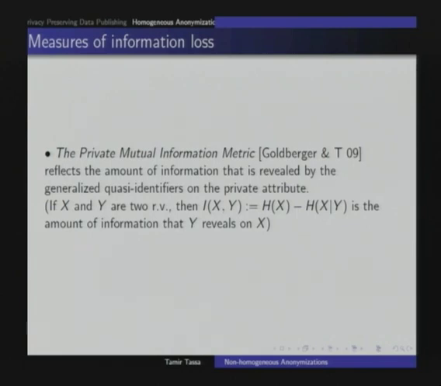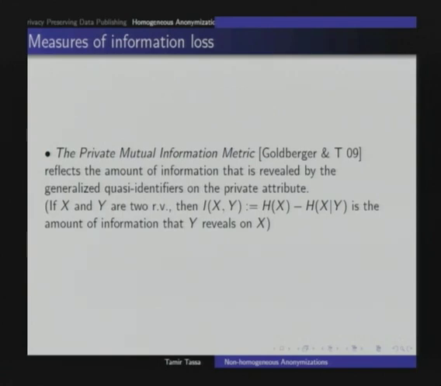What this measure does is take the quasi-identifiers and construct a random variable based on their distribution in the table. It does the same also for the sensitive attribute, and then it tries to minimize the mutual information between those two random variables.